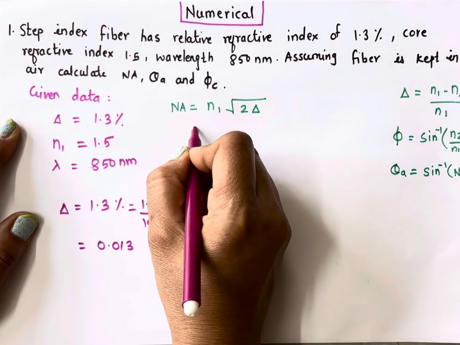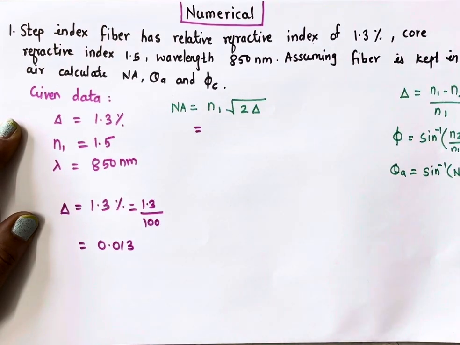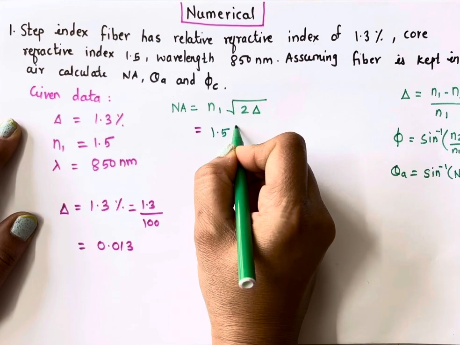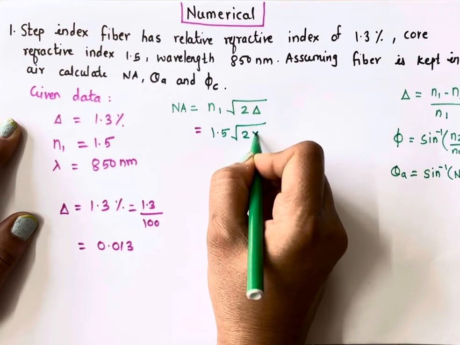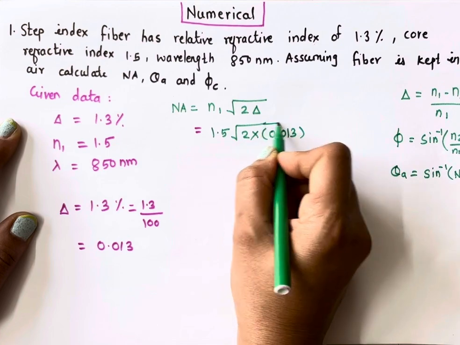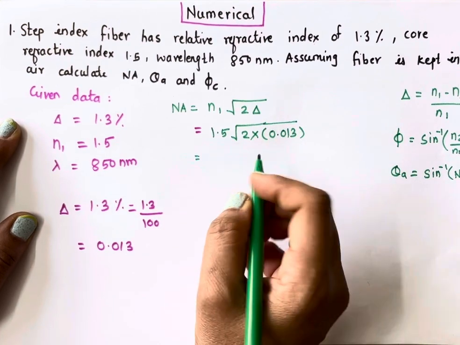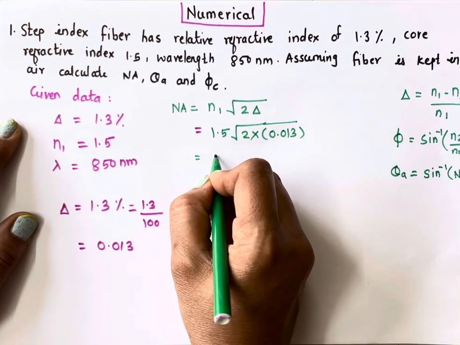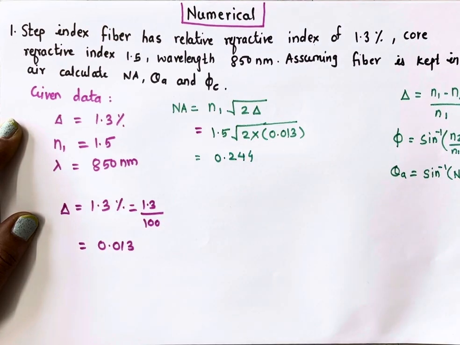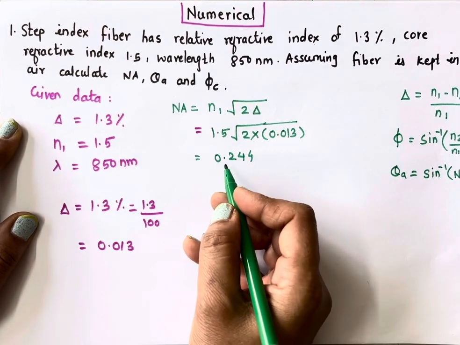So NA is n1, that is 1.5, times the square root of 2 times 0.013. If you calculate this, it becomes 0.2244. So our numerical aperture is 0.244.